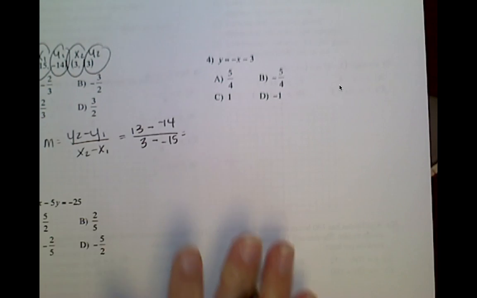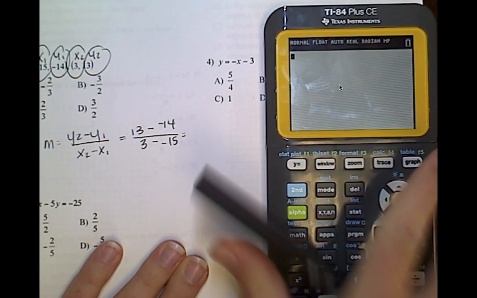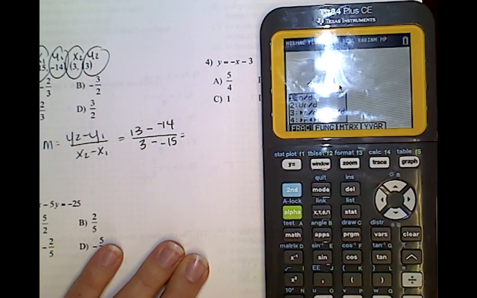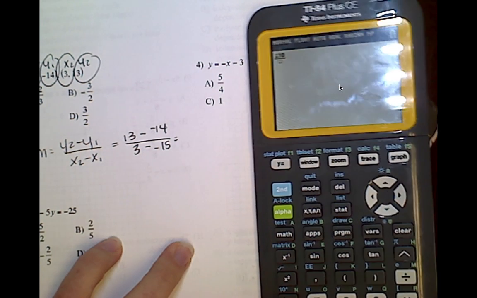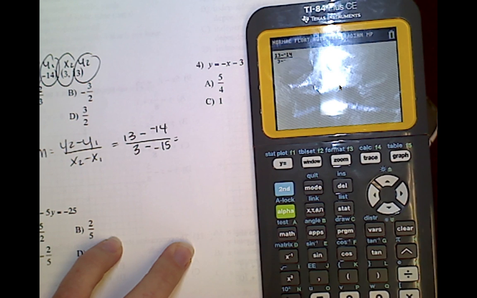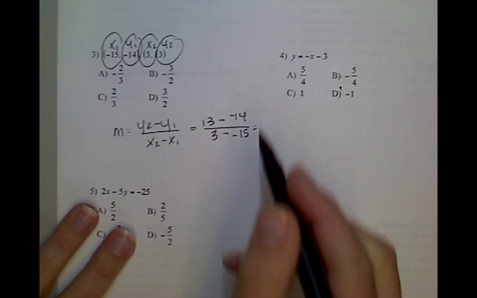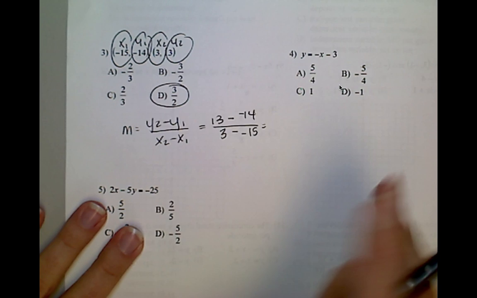I'm going to type all that in my calculator exactly how I see it on the screen. So I'm going to do alpha y equals enter, and we got 13 minus negative 14 over 3 minus negative 15, and my result gives me 3 over 2, which should be answer choice D.